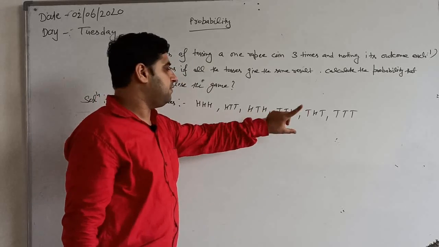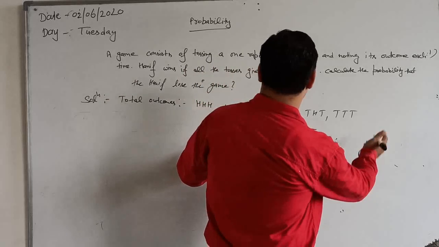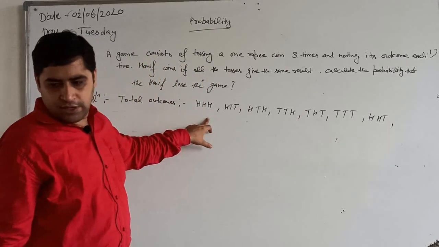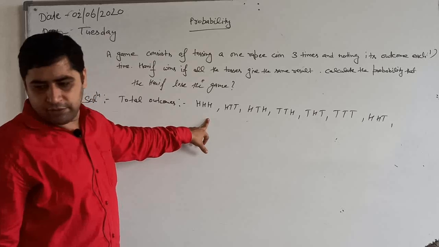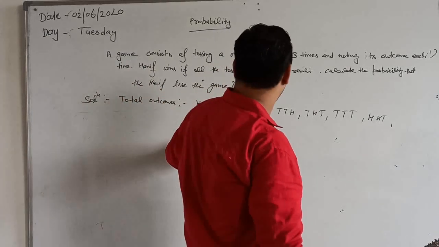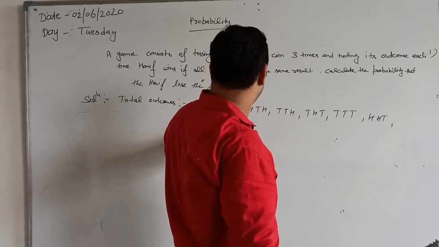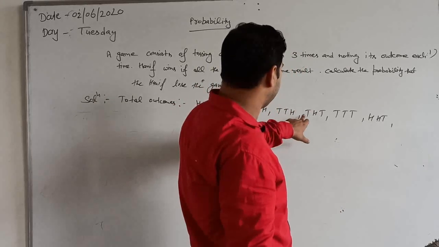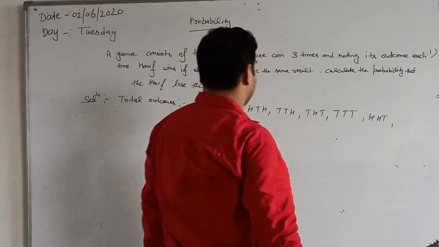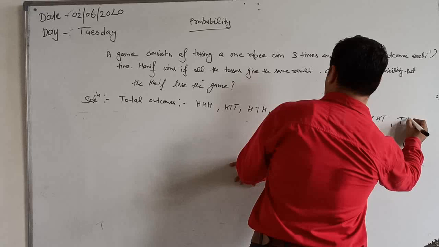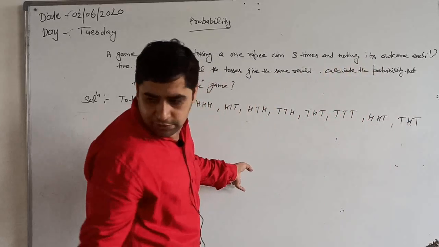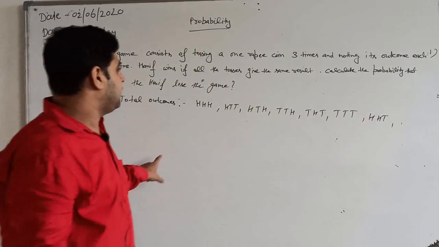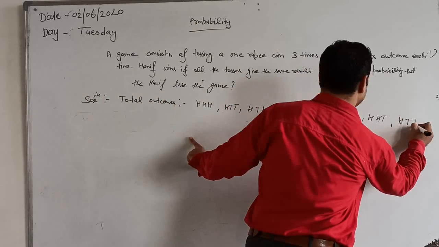So 1, 2, 3, 4, 5, 6 outcomes, and then one outcome is left. Listing them: head, head, tail; head, tail, head; tail, head, head; tail, head, tail; head, tail, tail.